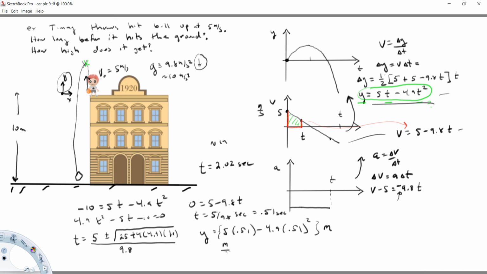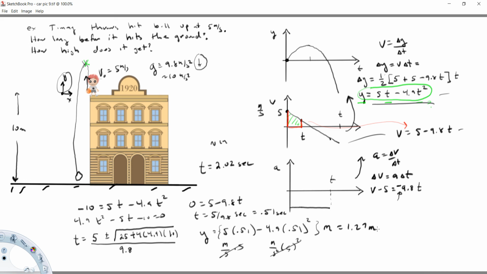If I put these back in times seconds, this works out to meters. This number has units of meter over seconds squared, and this is times seconds squared as well. So it does work out to meters both times. Anyway, numerically, if you run this through, I get 1.27 meters.